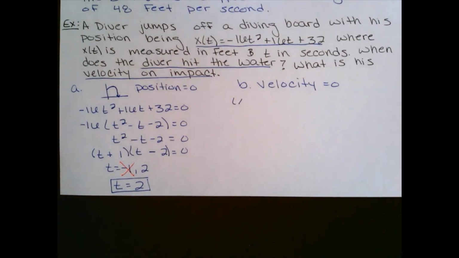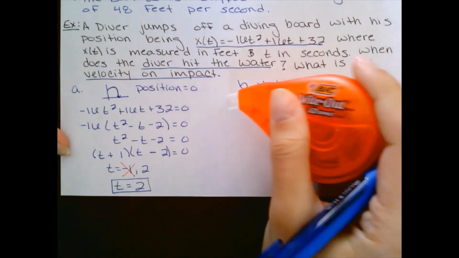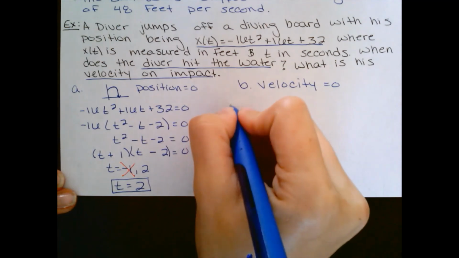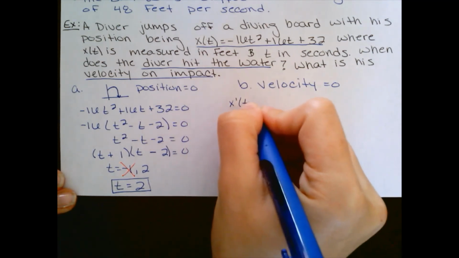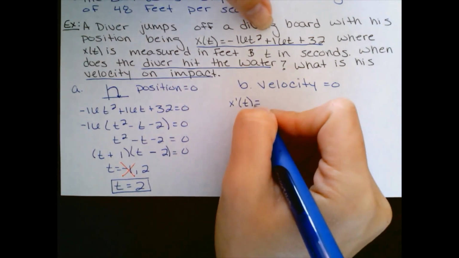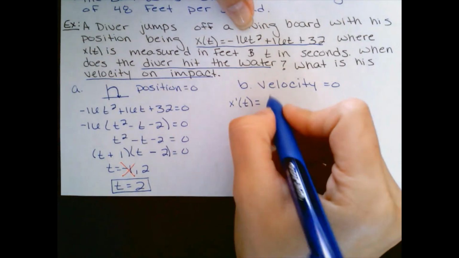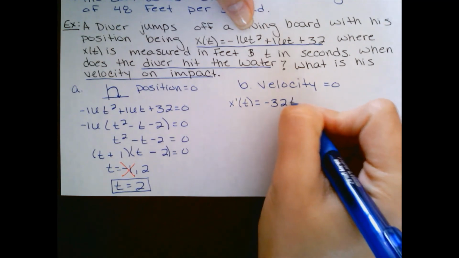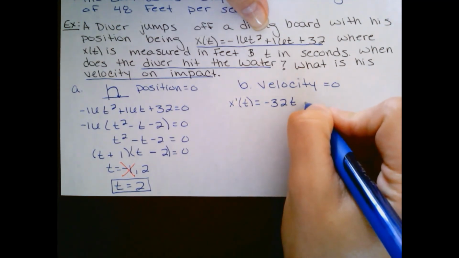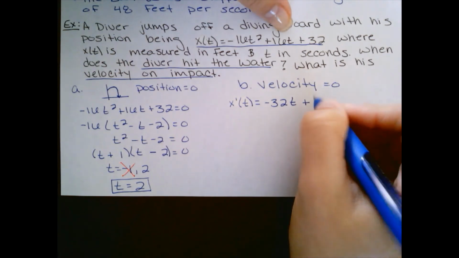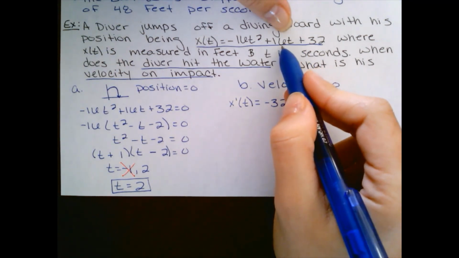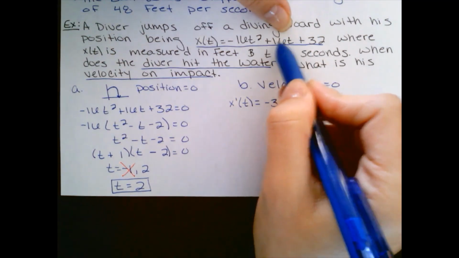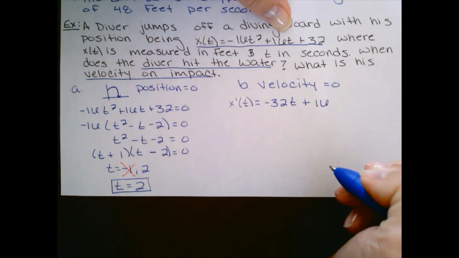So I need to set, oh, let me white that out, sorry. The first derivative of x of t, so x prime of t, equals, remember I'm going to multiply the 2 to the front, so negative 16 times 2, I have negative 32t to the first power because I subtract 1, plus, remember when I just have a variable and a coefficient, I'll just end up with that coefficient because it's like multiplying the 1 to the front and subtracting that 1, which leaves me with no exponent.